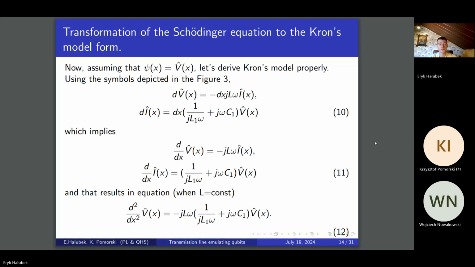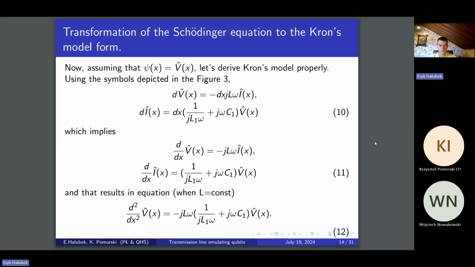Good. So if we took a more precise approach to the derivation, we could use the knowledge that we acquired in the previous part to derive the actual Cron's model.